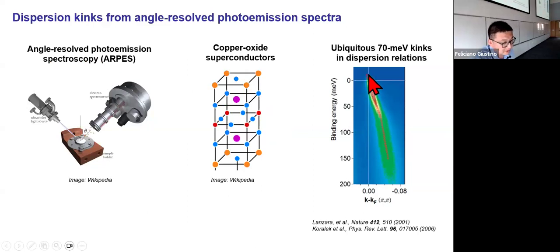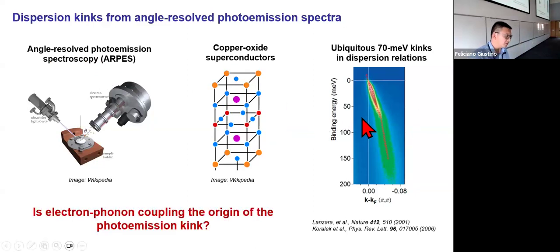So you see, instead of a straight band, which is a non-interacting band, the band has two segments pretty much here. And that represents a coupling with a boson mode. So if we want to know the nature of the boson mode, we need to do accurate ab initio calculation to see if that explains the experiment.